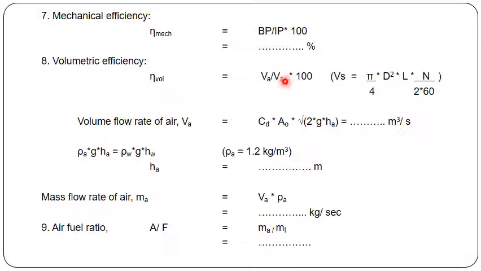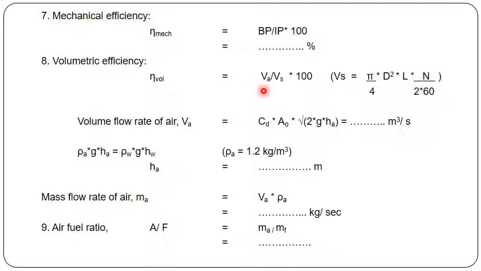Swept volume can be easily calculated using the dimensions, which is pi by 4 d square into L. Suppose you have a 100 cc engine, based on the dimensions you can easily get that value. Va can be obtained using a flow measuring device.